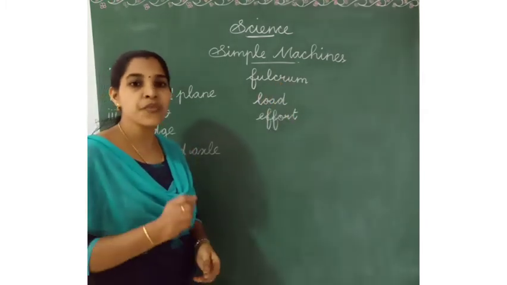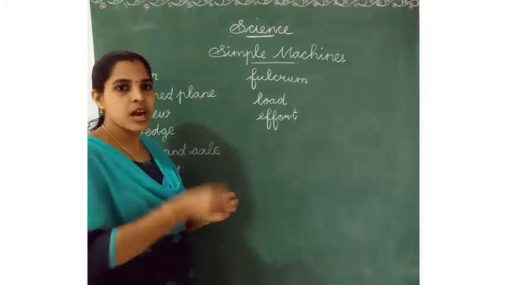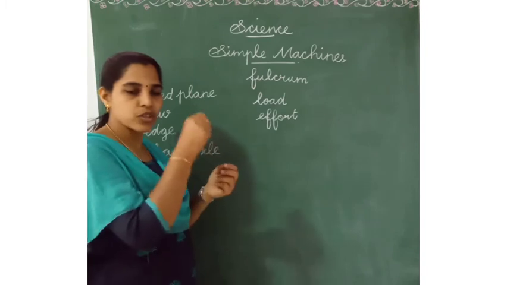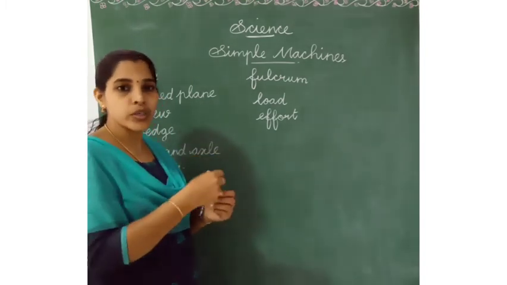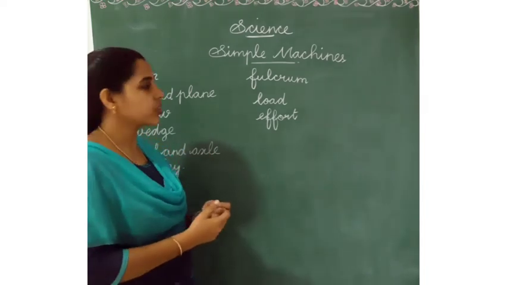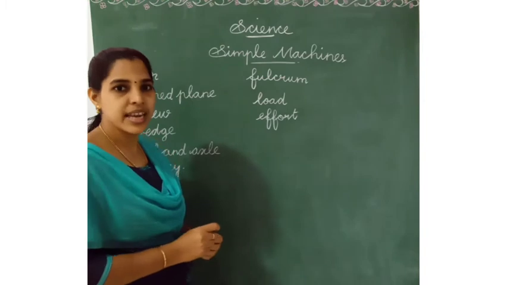Fulcrum is a fixed point in the lever. It will not be changed. According to the fixed point, the lever will rotate or be turned. So fulcrum is the fixed point of the lever.